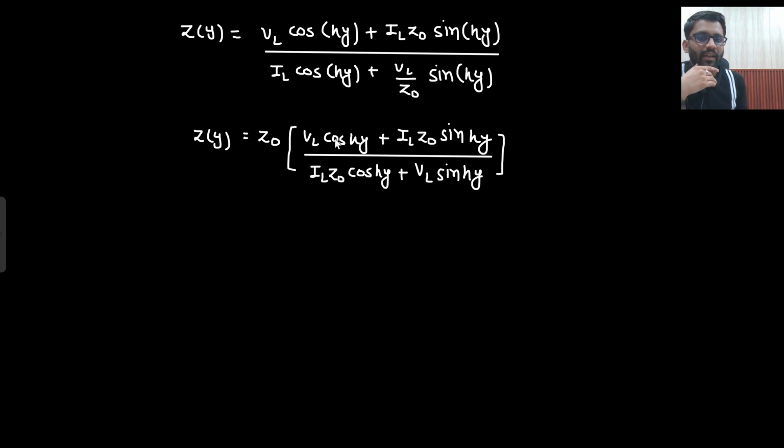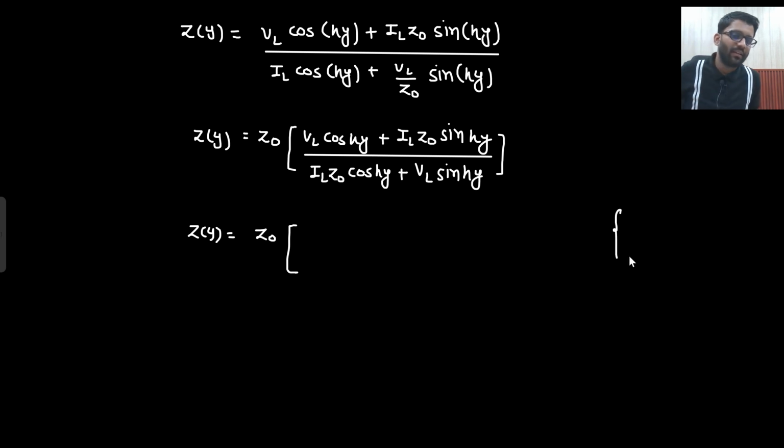Now in the numerator and denominator I am going to divide by IL. So what will be the value of VL by IL? VL by IL is equal to ZL, right?